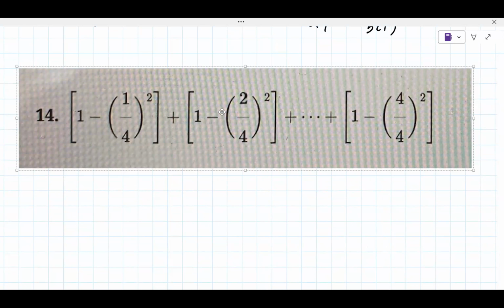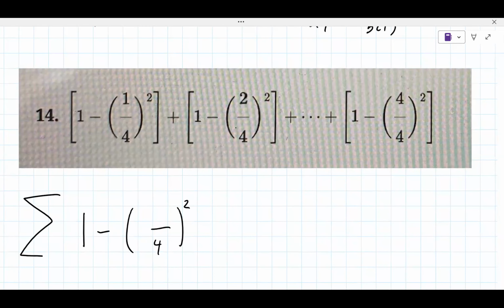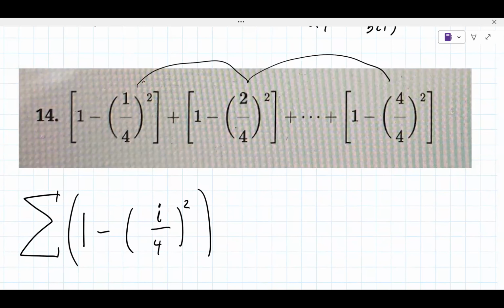The 1 minus and then the 4 on the bottom and then squared. So you can start saying it's 1 minus, and you just write the stuff that isn't changing there. Sigma means the plus. And then i is there because it's going from 1 to 2 to 4. So i equals 1 to 4, like that.